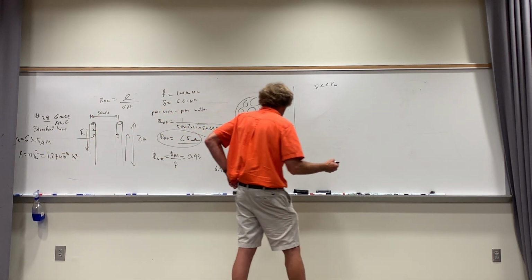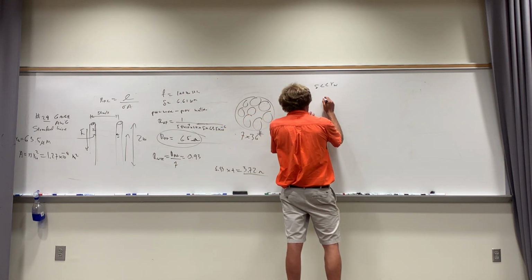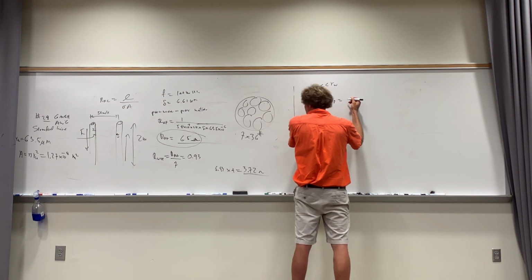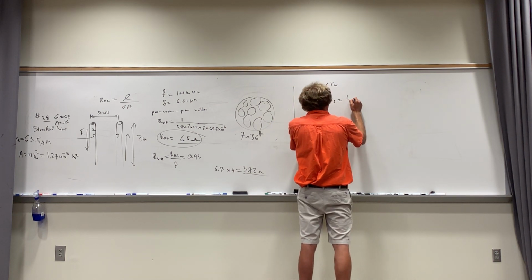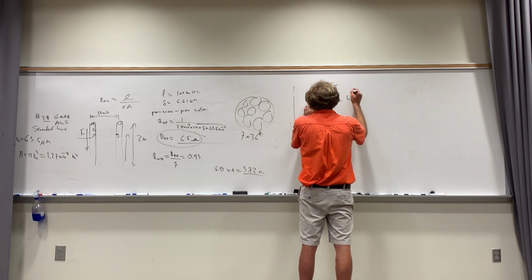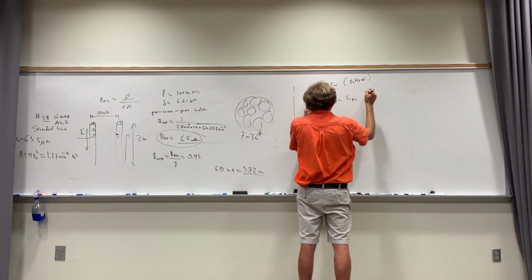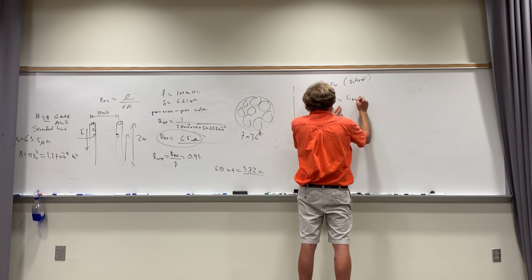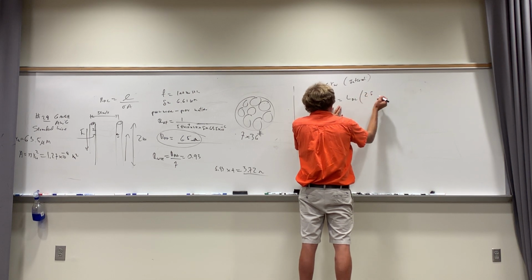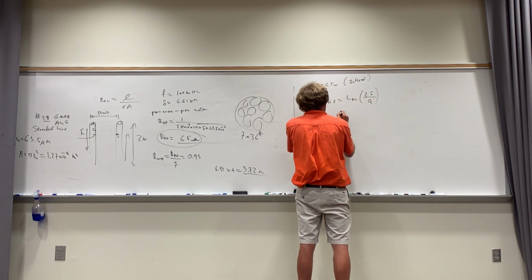So that means, therefore, the high frequency inductance is the DC inductance, this is gonna be internal, by the way, internal inductance DC, times 2 times the skin depth over A, and that's a formula in the book.